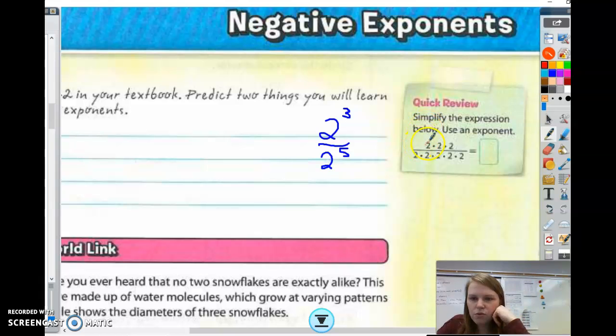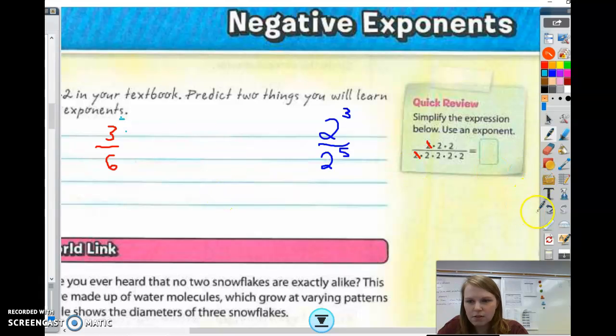I'm wondering, what if we crossed out this one and this one, because the same number on top and bottom could cancel each other out, right? What if we did something like 3 over 6? Couldn't this be simplified? I'm thinking divide by 2.